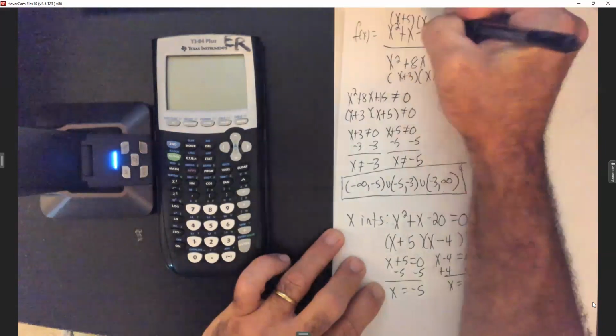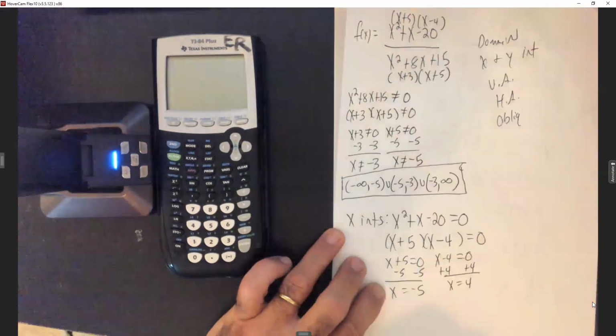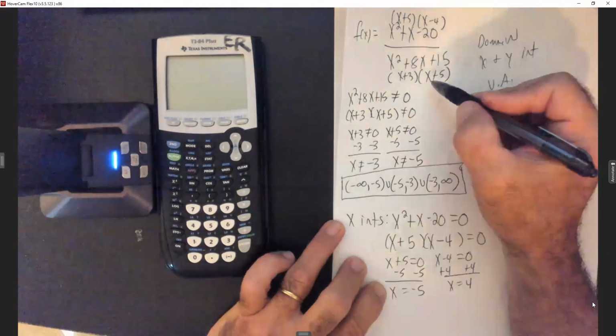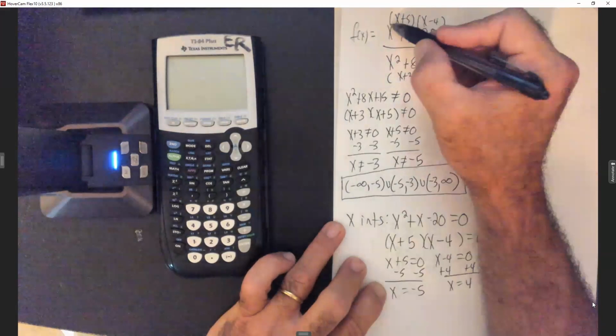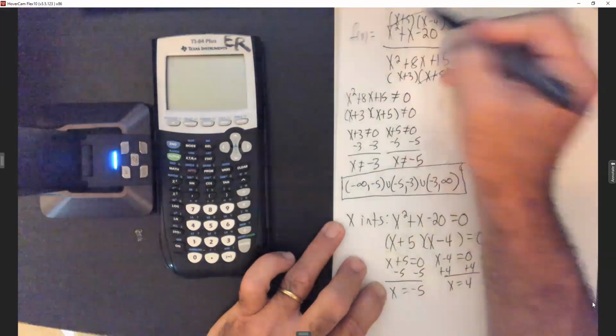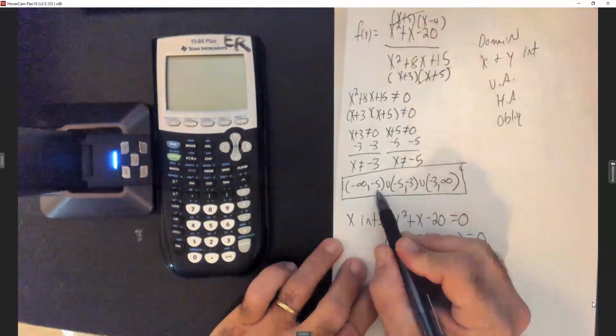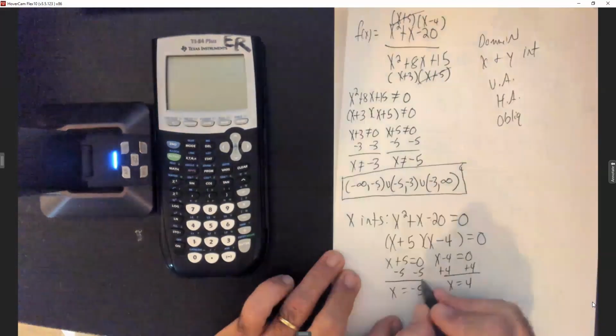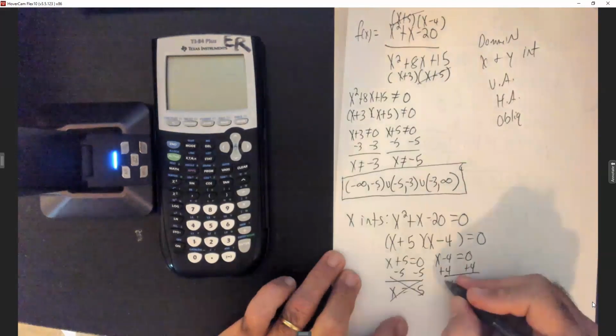Remember, zeros and vertical asymptotes can cancel each other. So you've got an x plus 5 on the bottom. It's going to cancel the 0 of an x plus 5, because you can't have a 0 where this thing is undefined. There's no way. So for the x-intercepts, I would actually cancel out that one. So the x-intercept would be x equals 4.